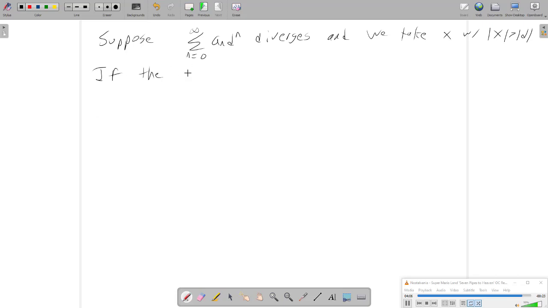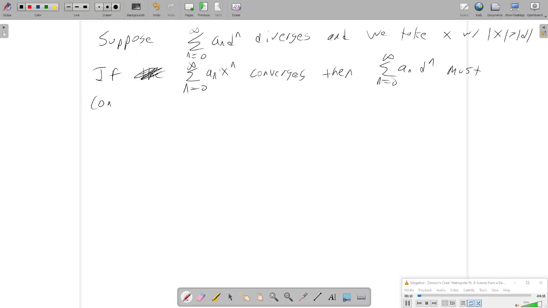If the series n equals 0 to infinity of a sub n x to the n converges, then the sum n equals 0 to infinity of a sub n d to the n must converge by the work we just did. Because we showed if it converged here, it would have to converge at any number closer to 0 than it, which d is.